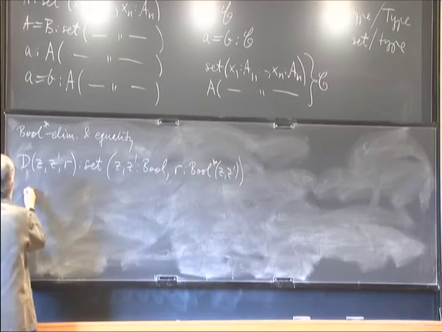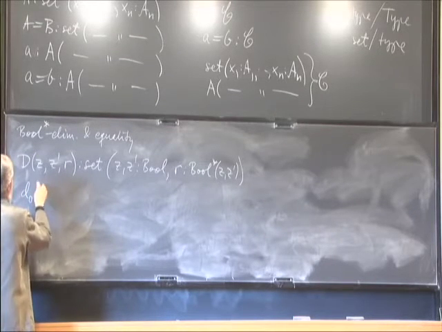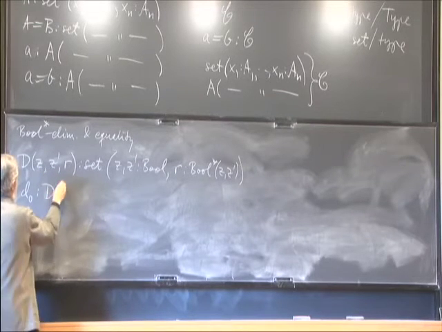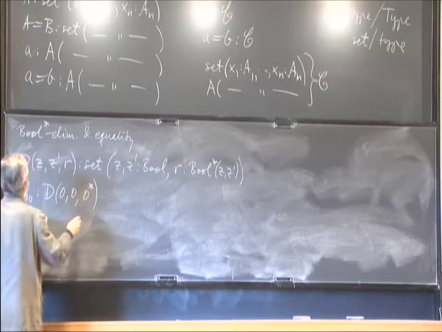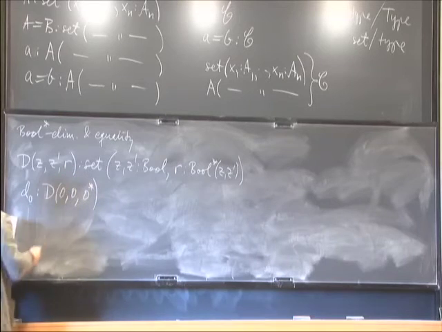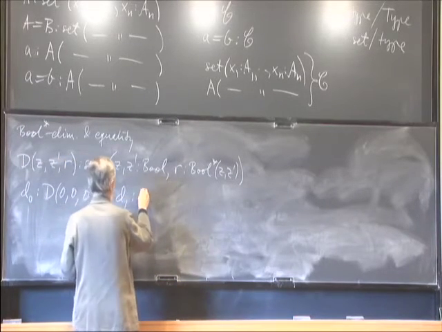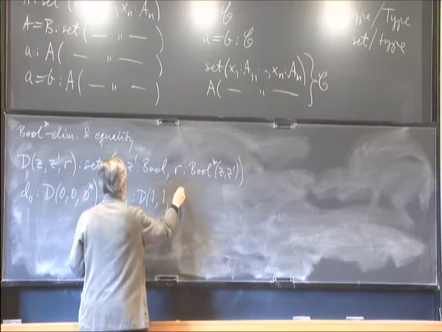And then we need to have a proof D0 that 0 star, 0 and 0 star together satisfy this propositional function or family of sets capital D, and similarly D1, proving that D of 1, 1 star.